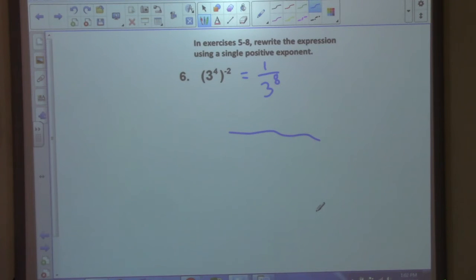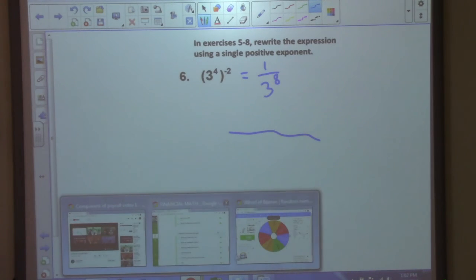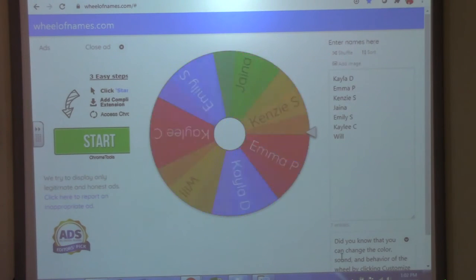What I want to do is spin the wheel again, get somebody to help us out with number 7, which should be similar. Okay, let's see here. Who's ready? Here it is.